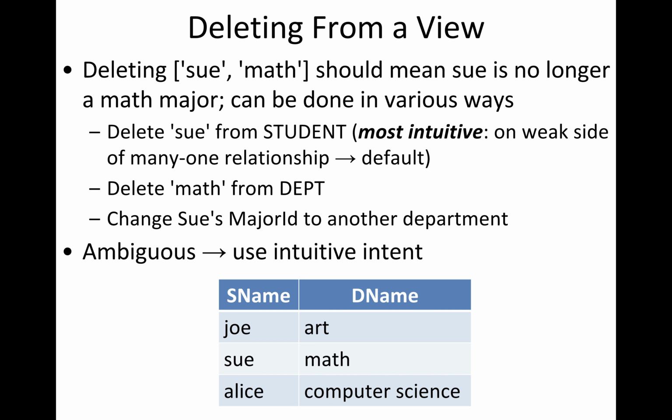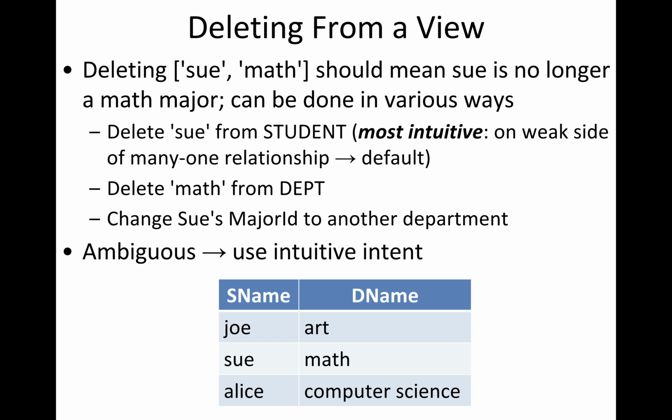For instance, if we want to delete Sue Math, here's Sue Math, there might be multiple interpretations. Does it mean that we want to delete Sue from the student table? Or do you mean that we want to remove the math department?